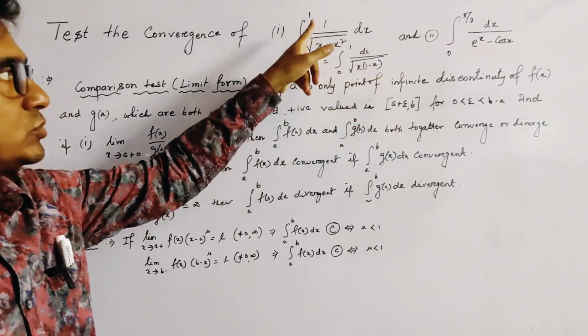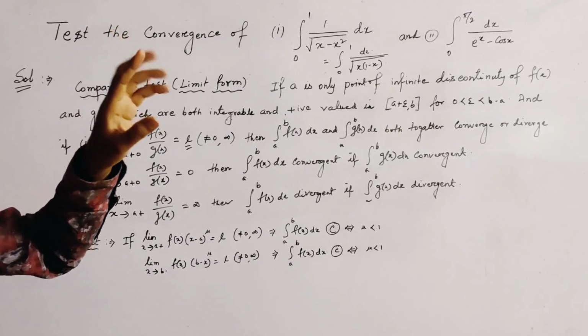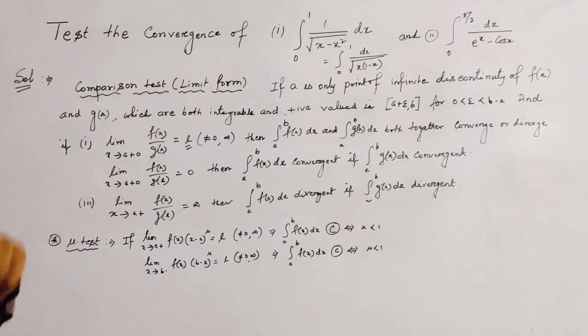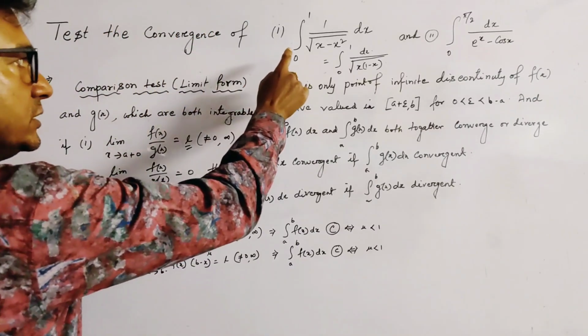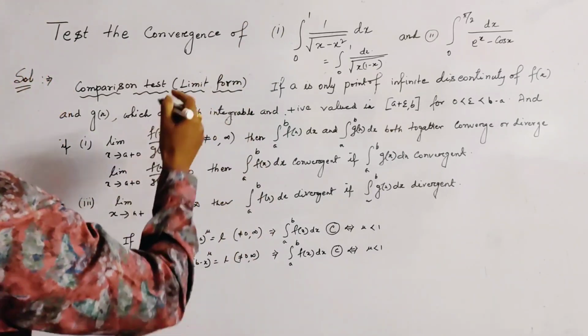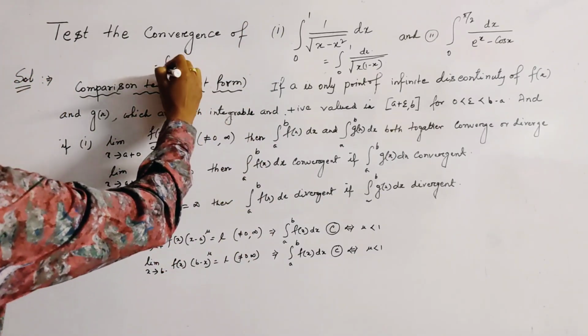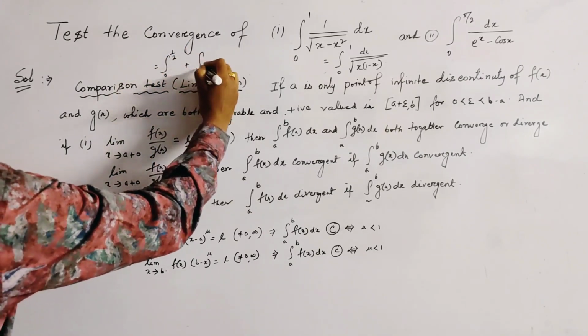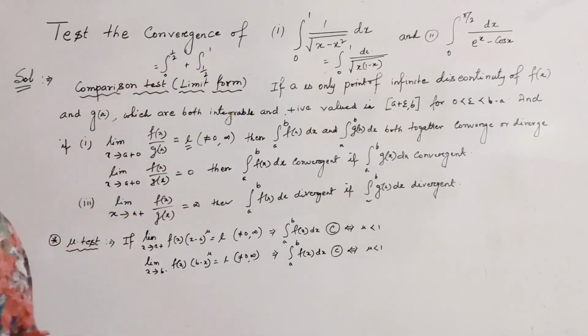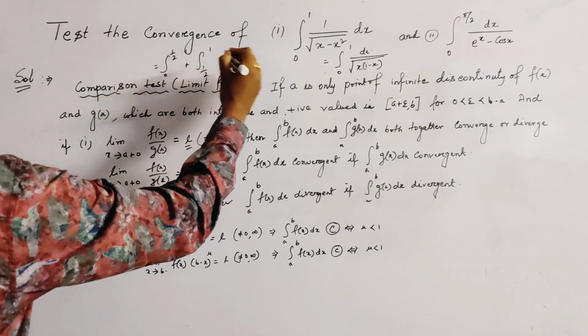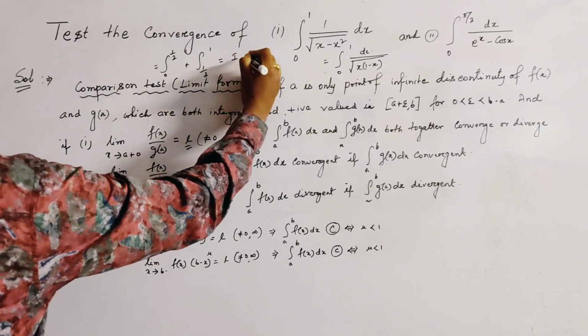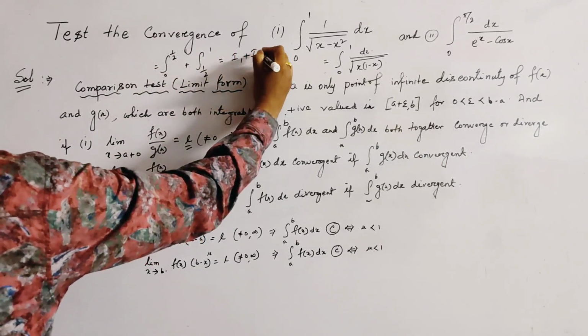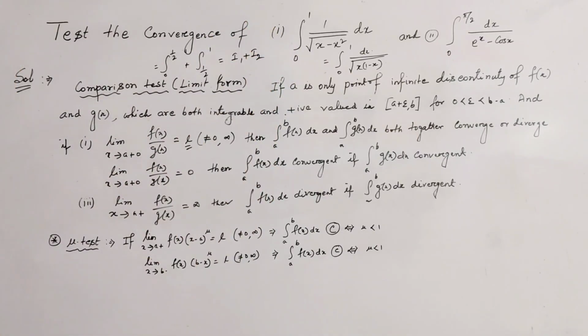So 1 is also an infinite discontinuity of this integral. So we split the interval of integration as the integral 0 to half plus the integral half to 1, and we name these two integrals I1 and I2.